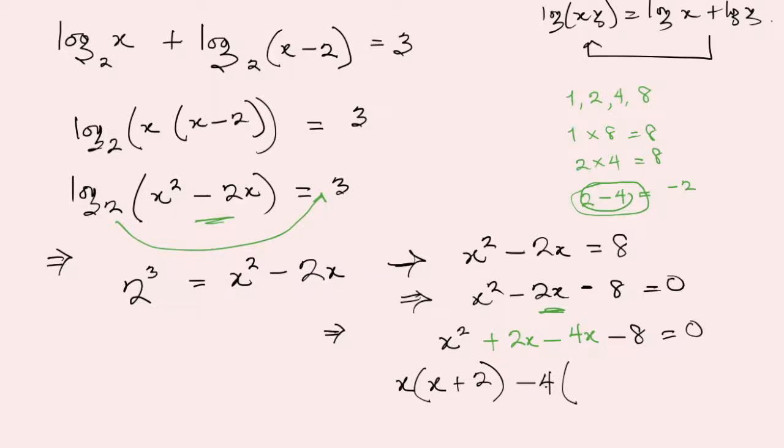Minus 4x divided by minus 4 is x, and minus 8 divided by minus 4 is plus 2, equals 0. You can notice that the values in the bracket are the same, so this is going to be equal to x minus 4 multiplied by x plus 2, and this is equal to 0.